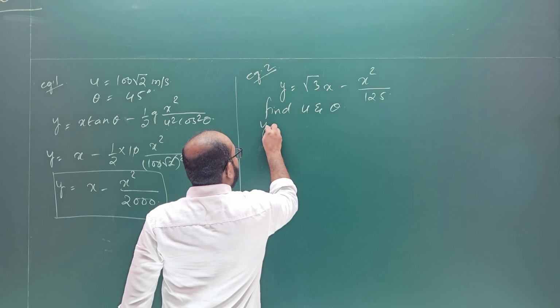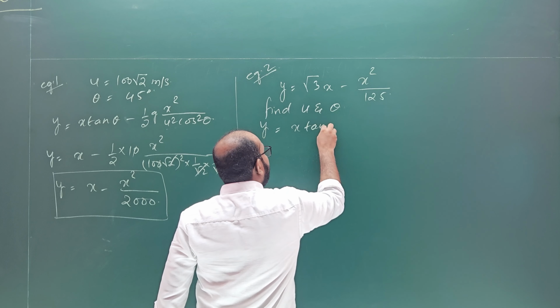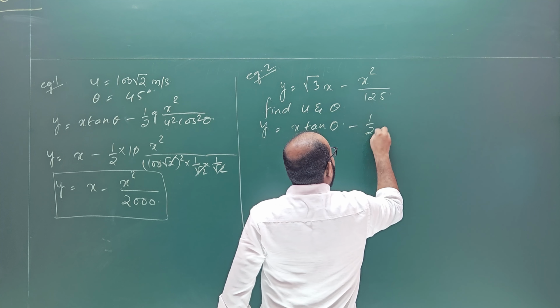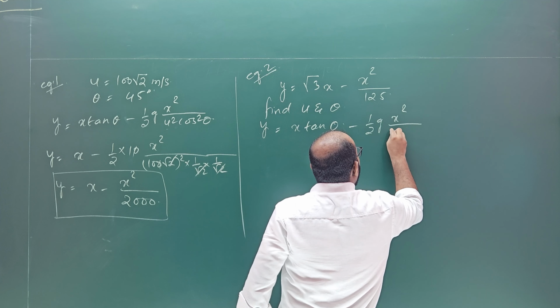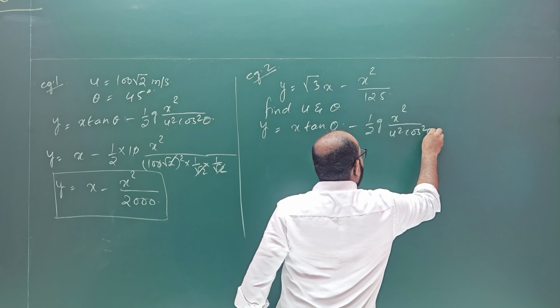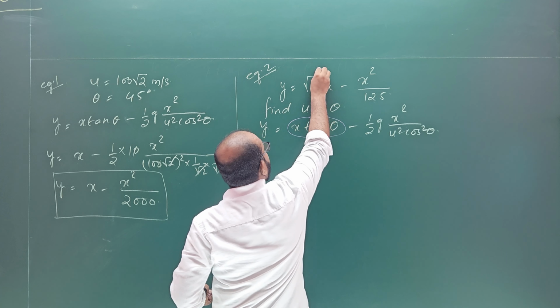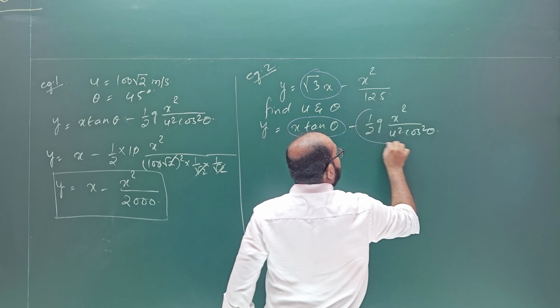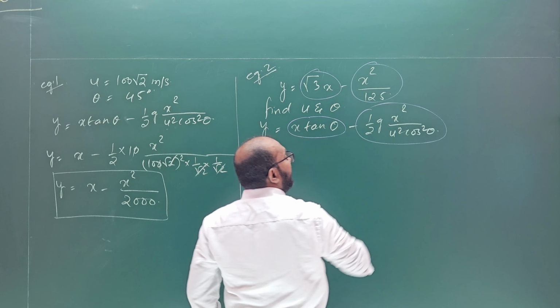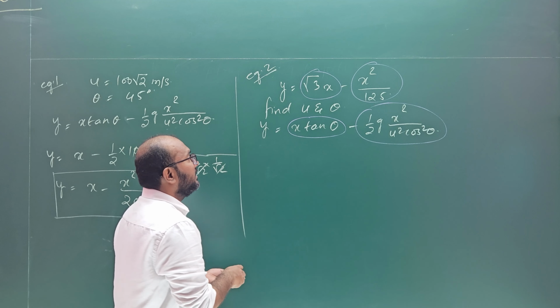So what is our equation? y is equal to x tan theta minus half g x square upon u square cos square theta. Equate these two. You will get the final result.